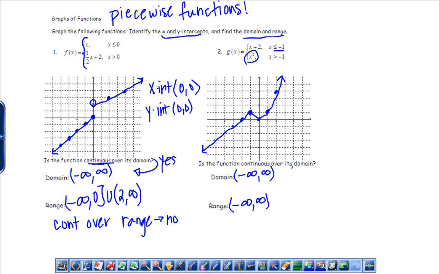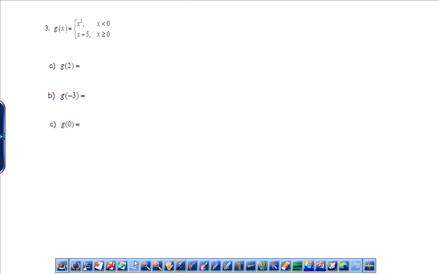So is the function continuous over the domain? Yes, because there's no skips. It would also be continuous over the range. Okay, x-intercepts. It looks like there's one at negative 2, 0 and 0, 0. And my y-intercepts are 0, 0.